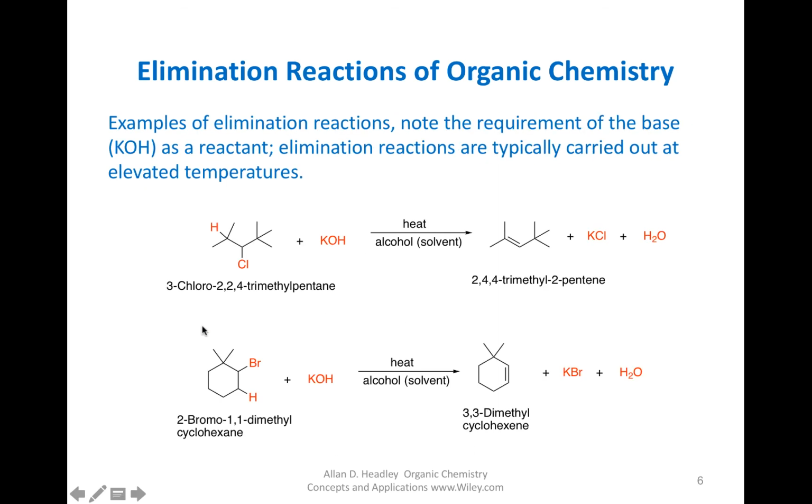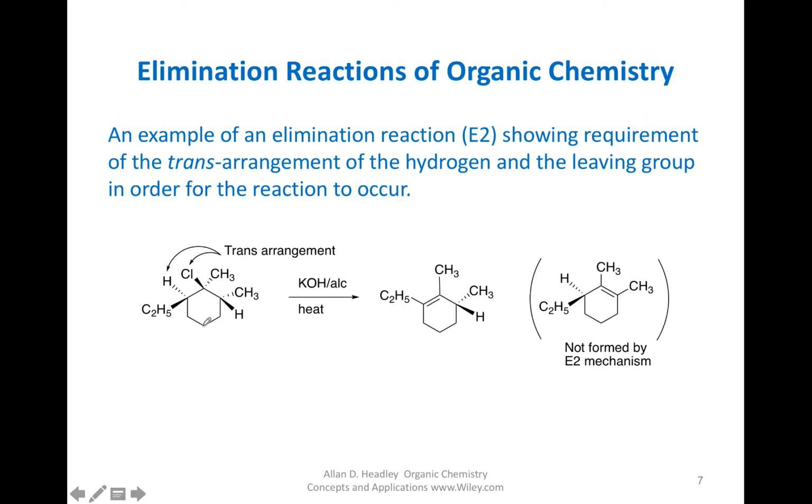With that said, let us go here and see if we can apply that concept. So here is a molecule. Here is a chlorine. That's our leaving group. And on the adjacent carbon is a hydrogen. But it also has an adjacent carbon over here, which has a hydrogen.